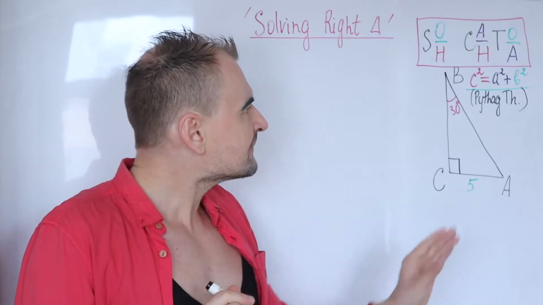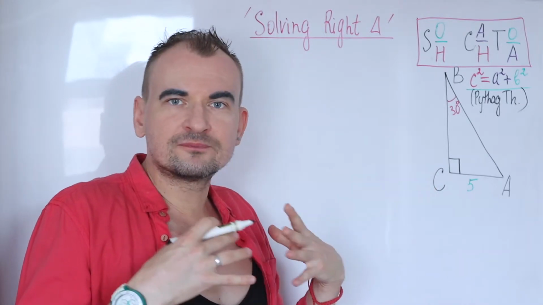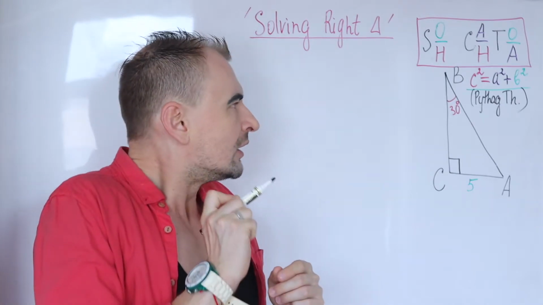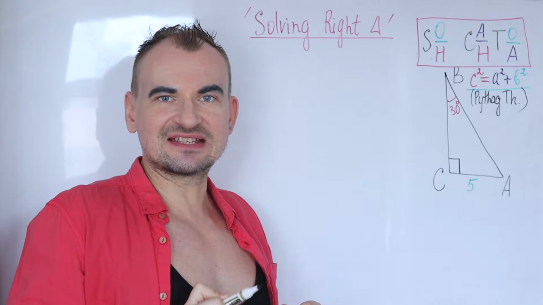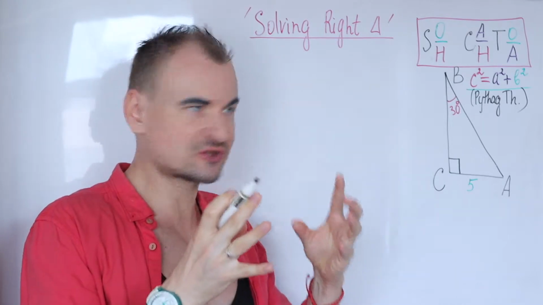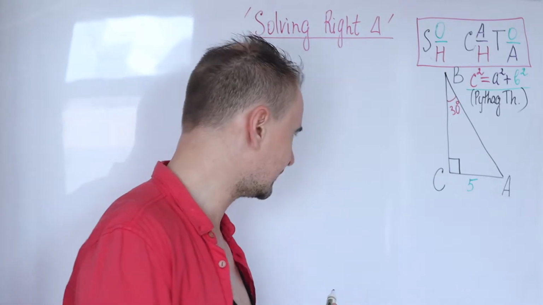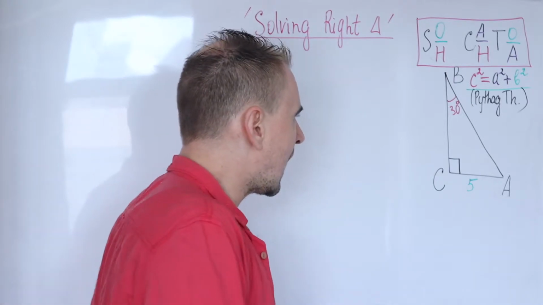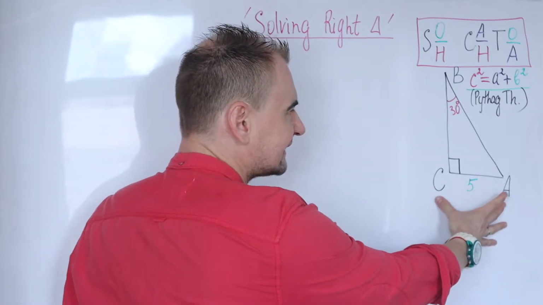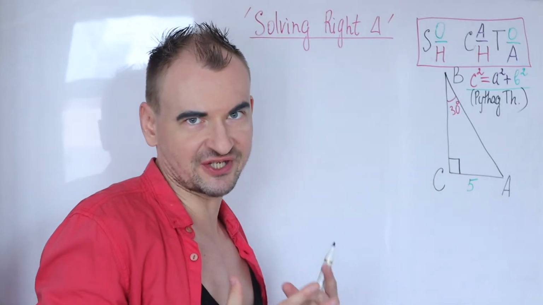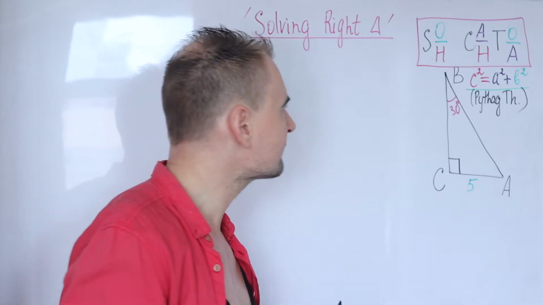You might see that we could use just single letters to avoid writing the sides using two letters like AB, BC or AC. So let's do it. You're already given side AC, which is 5, so basically we don't need a letter for this side. We already know that it's 5.